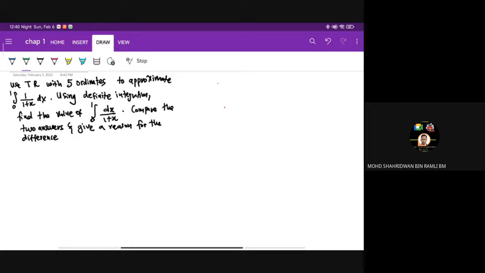For example, when you need to find the area of the function f(x) equal to e^x sin 2x, and then ln 4x, it's a really complicated function, right?